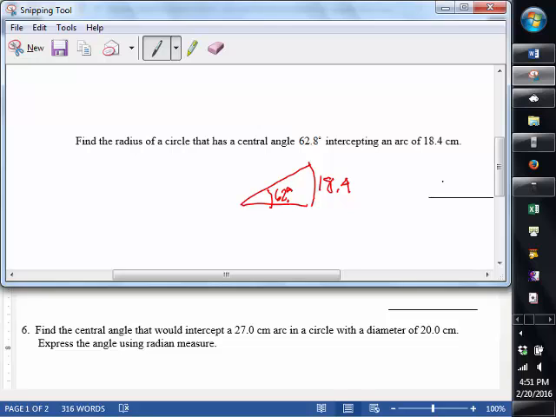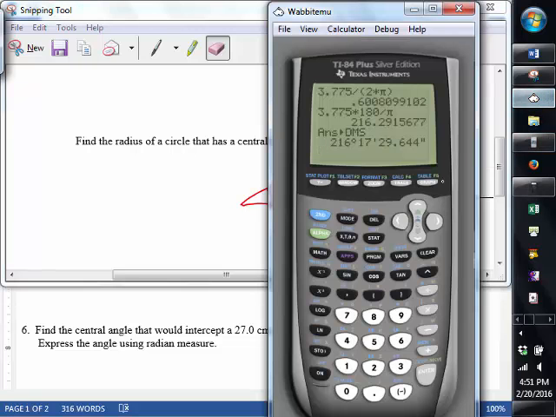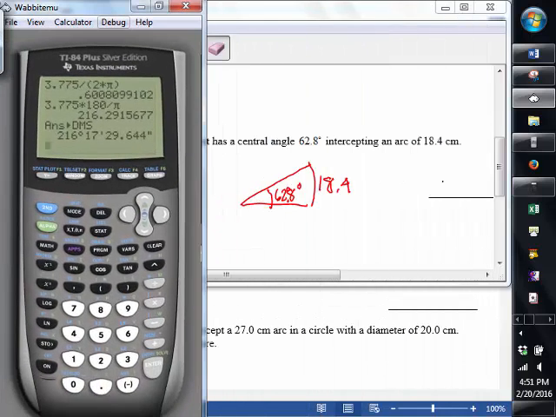So if we could take it and change it by saying a 360 degree circle, that's what we're looking for. What the, no, that would be the circumference. Let's not do it that way. Let's switch this angle into radians. So 62.8 degrees to radians.